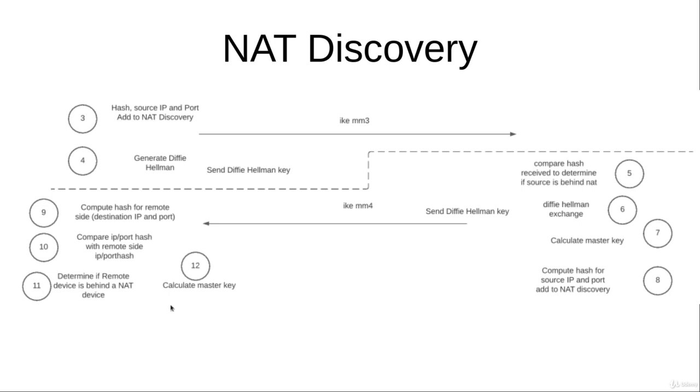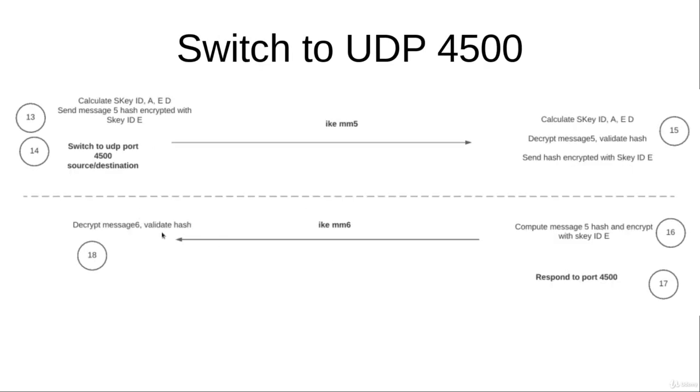Using the Diffie-Hellman keys, it calculates the master key. This is step 12. It calculates the master key and SKEYID_A, D and E. This is step 13. When it sends message 5, it switches to UDP port 4500. The responder gets that message on its UDP port 4500. As part of the incoming packet processing, it checks the SPI and compares it against the Security Association database.